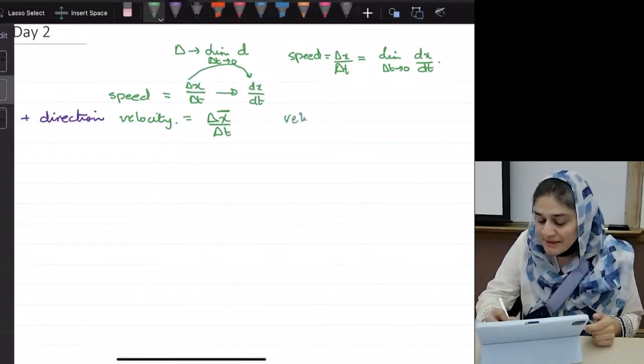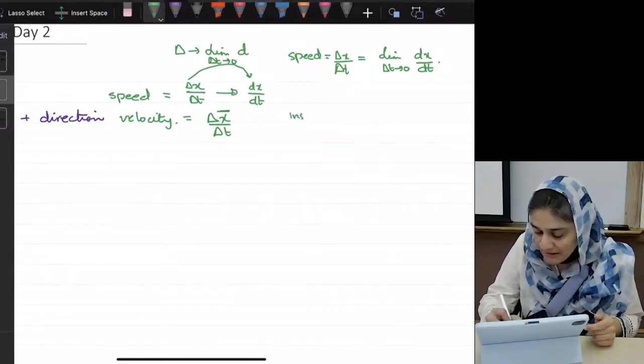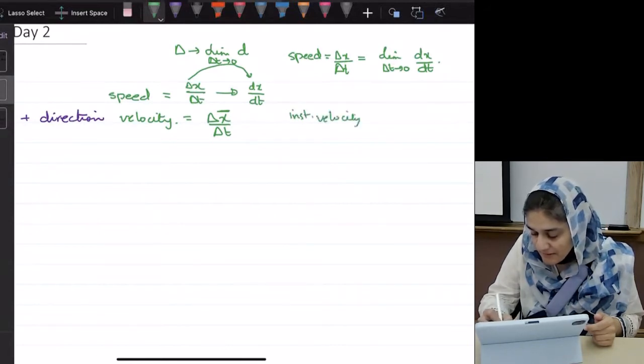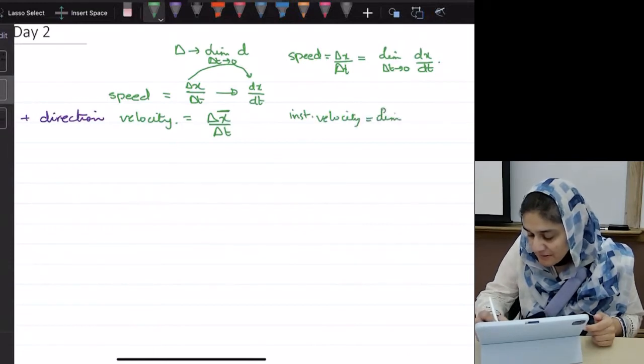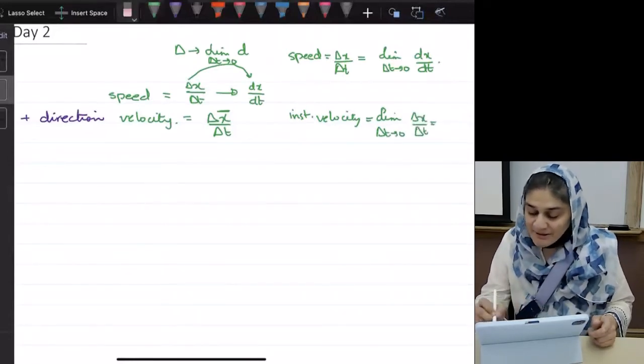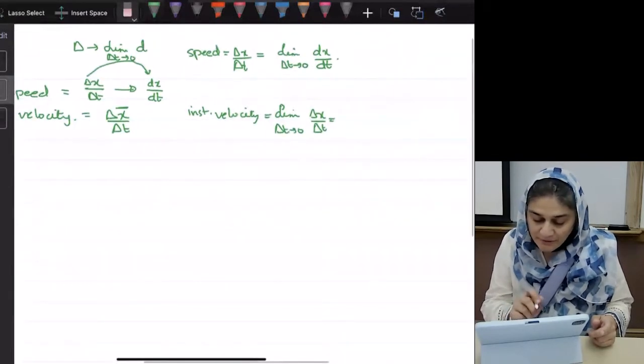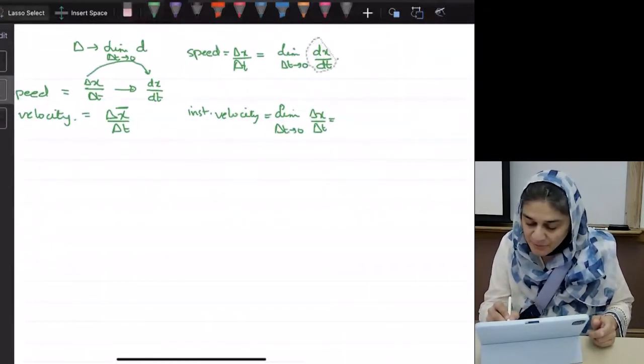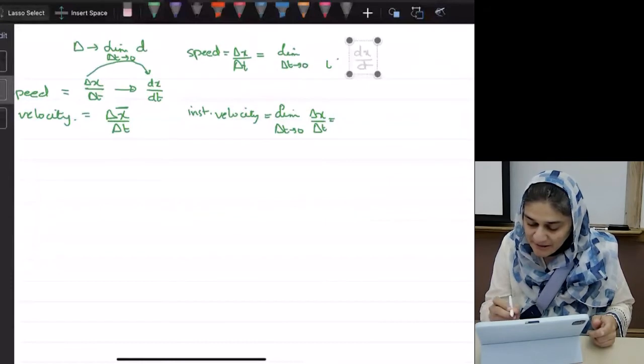So instantaneous velocity will be, in the limit, that's an L, when delta t approaches 0, delta x over delta t. Oh, wait, I messed up. This should be the big delta t and big delta x.